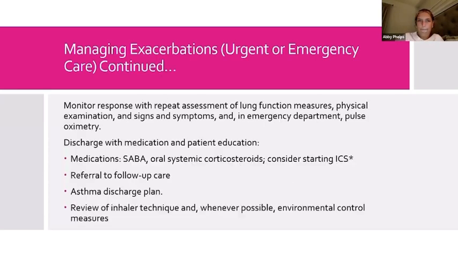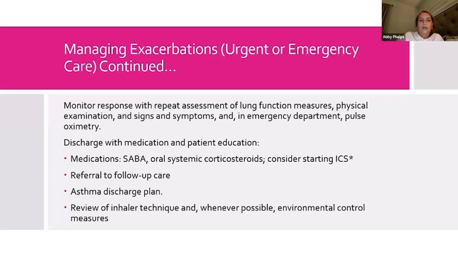Monitor response with repeat assessment of lung function measures, physical examinations, and signs and symptoms, and in the emergency department, pulse oximetry, which can be important when determining if your patient needs oxygen or not. And then discharge with medication and patient education.